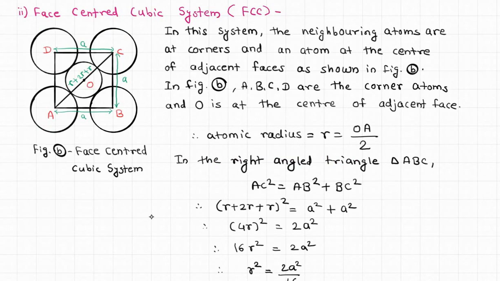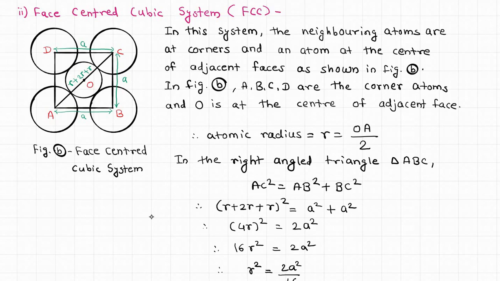Second is face-centered cubic system. In face-centered cubic system, the neighboring atoms are at corners and an atom at the center of the adjacent face as shown in figure. In figure B, A, B, C, D are the corner atoms and O is at the center of the adjacent face.